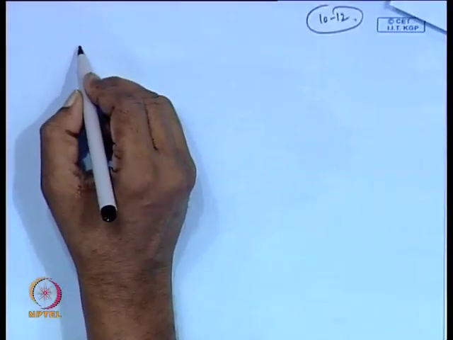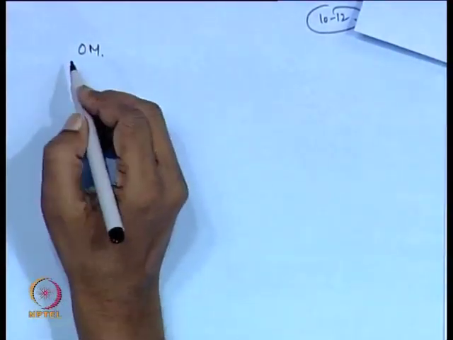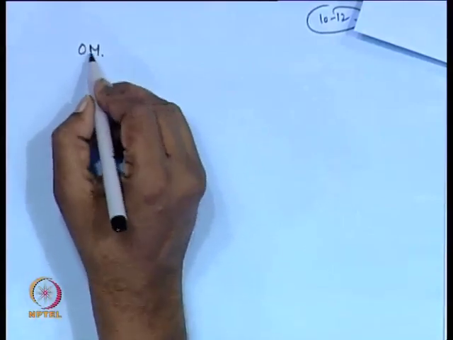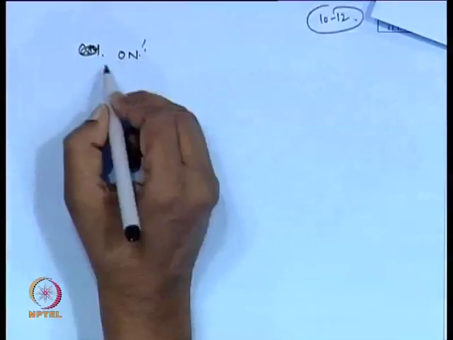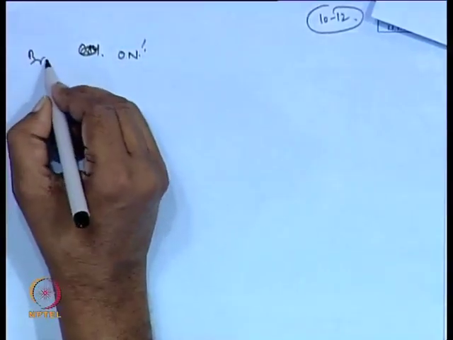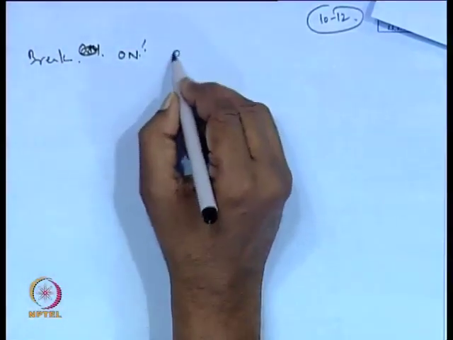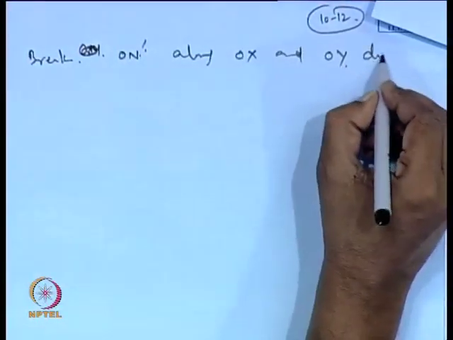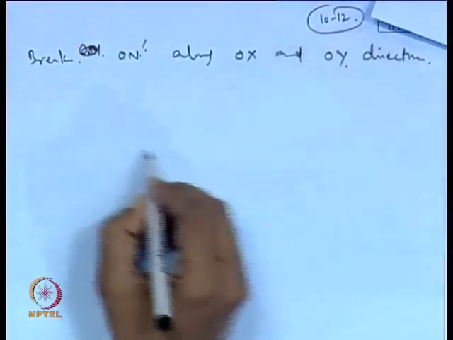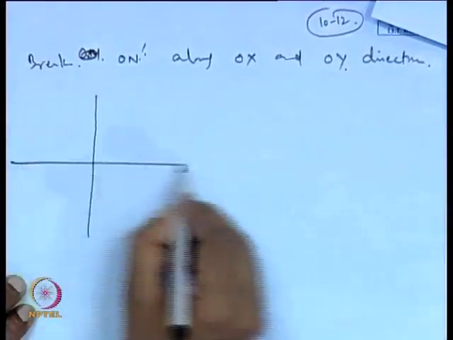Okay, once we have broken the O M, next we need to break O M prime. O M prime we have already done. So, next we go for breaking up O N prime. Okay. So, break O N prime along O X and O Y directions. So, we can take help of the figure here.